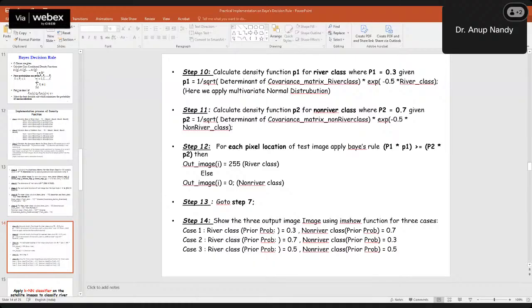So can you see this screen? So you can check that, that is the Bayes rule on the satellite images that you can check.